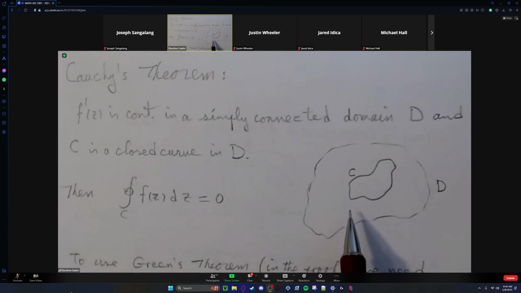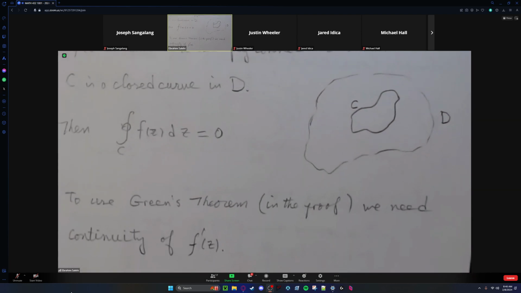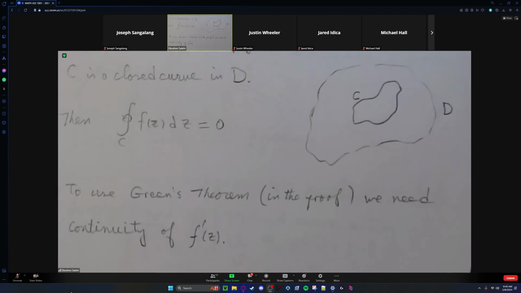The result is zero, okay? And again, I emphasize that if we use Green's theorem in the proof, we definitely need the derivative to be continuous.